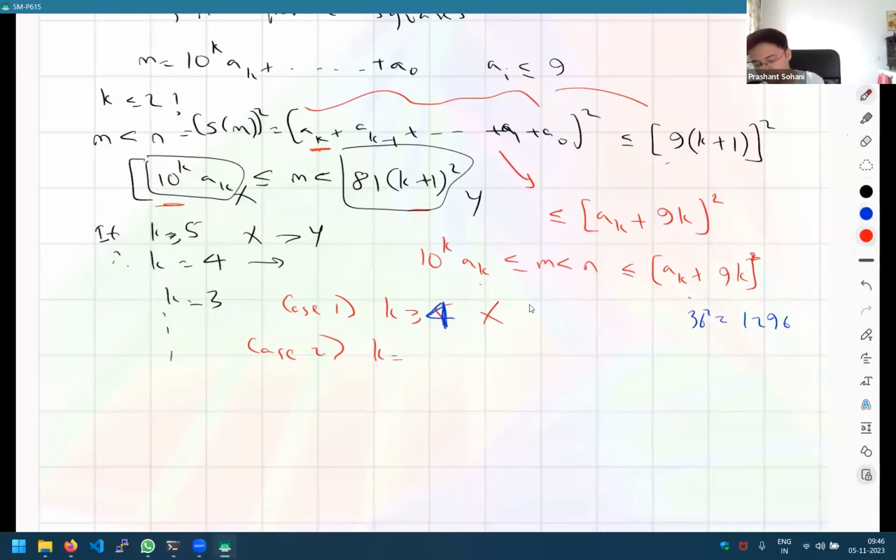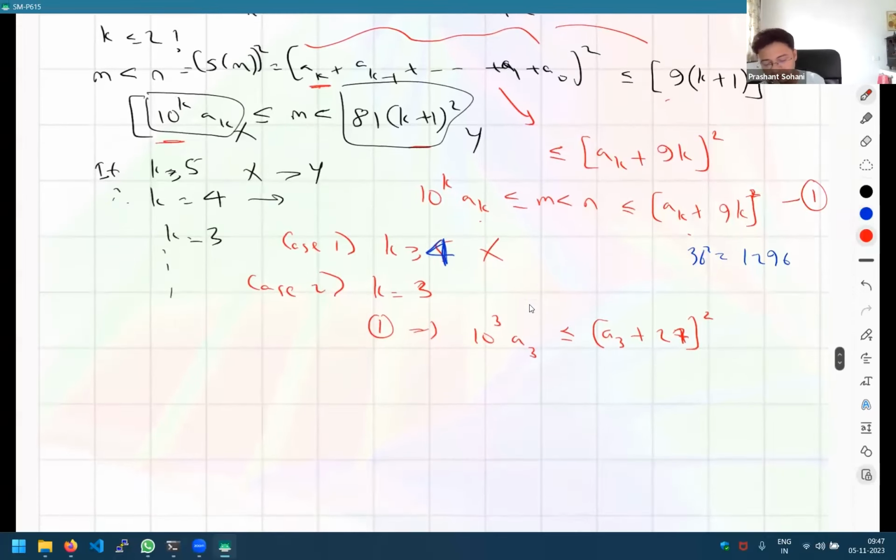So now I have to consider the case k equal to 3. If k is equal to 3, then this inequality becomes 10 raised to 3 times a3. And I think here we'll find that no matter which value of a3 you use, you are going to get a contradiction.